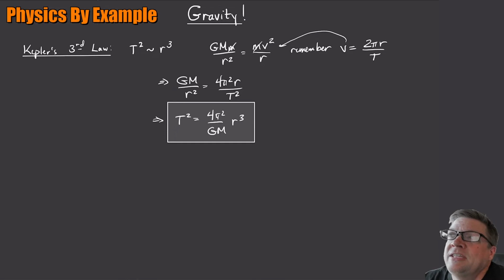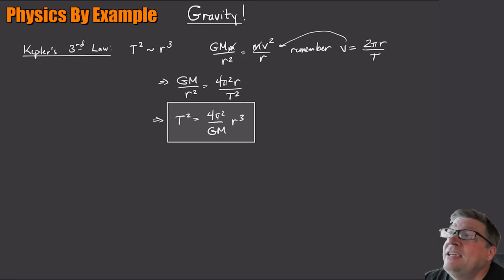So there's the T squared, and it's not just proportional to r cubed, but we have the proportionality constant, right? That's just a bunch of constants: 4 pi squared, the gravitational constant G, and then M, the mass of the thing you're orbiting, the central mass. That's the exact relationship. So Newton was able to show that Kepler's third law was just a consequence of his more universal gravitational law, which again was a triumph of physics.